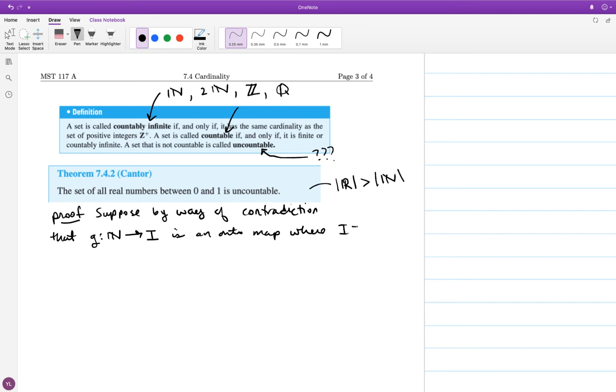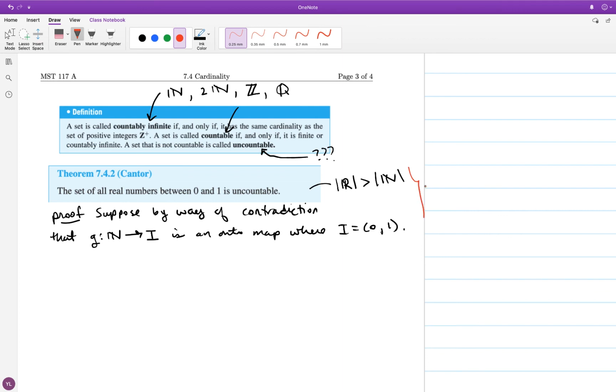So I is this interval right here, 0 to 1. Okay, so I will derive a contradiction, and from that I will know that there's absolutely no way that there's a bijection from N into I, so there must be strictly more real numbers than there are natural numbers.